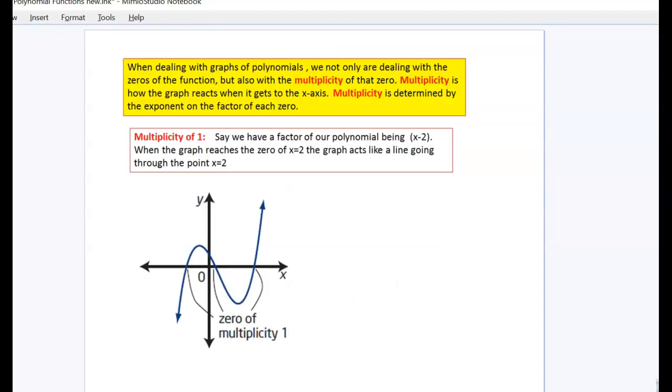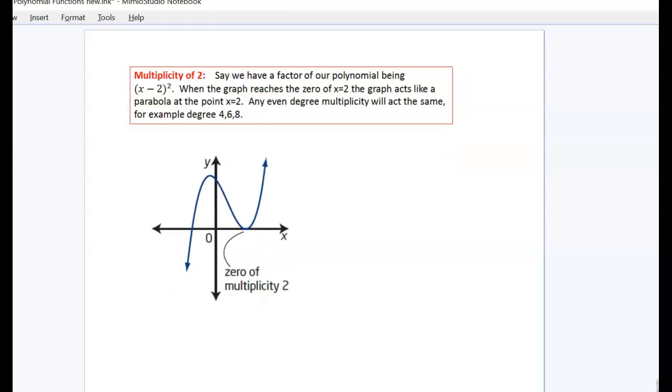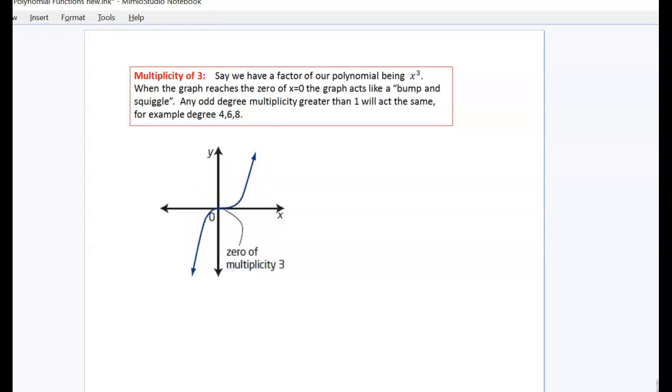A multiplicity of 1, the graph passes straight through the zero. If there's a multiplicity of 2, so say, for example, we have (x minus 2) squared, the zero would be 2. If the degree is 2, or even 4, 6, or 8, the graph will form a parabola at that zero.